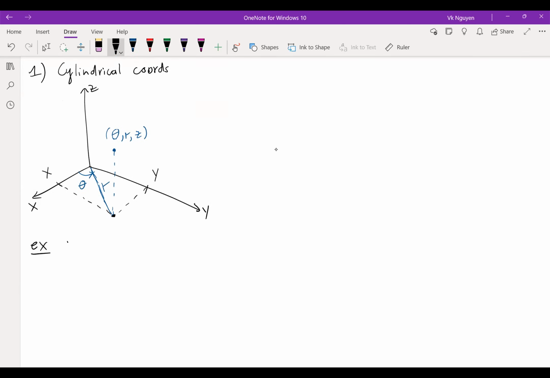Convert the point (3, -3, -7) to cylindrical coordinate. Okay, so the point is in rectangular coordinate.